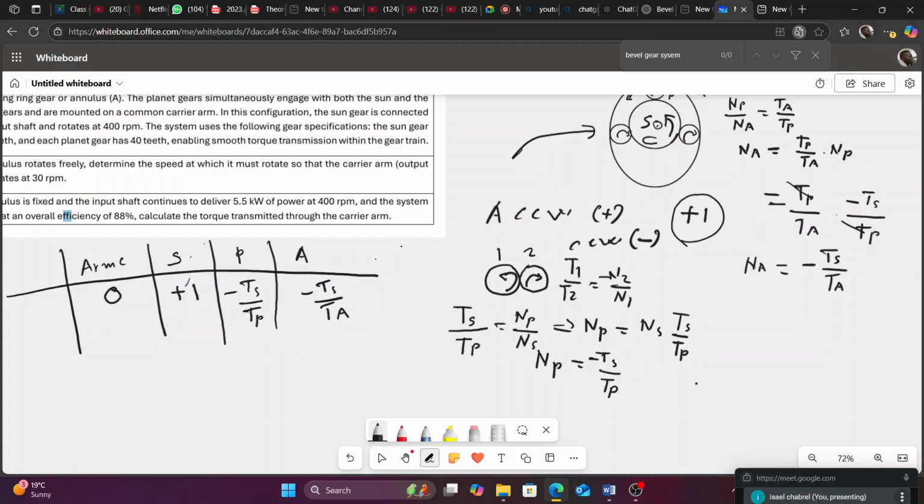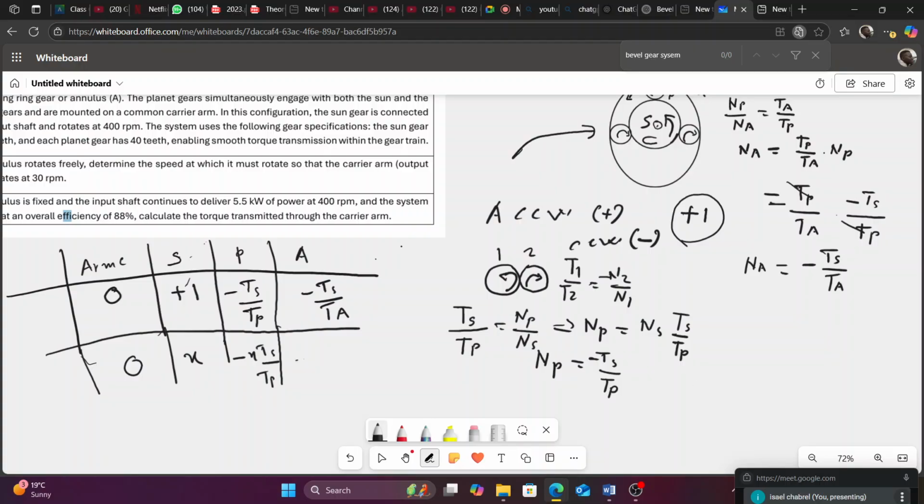Okay, let's get back to the table, guys. When we are here on the table, it's looking skew. What is the next step? We multiply everything by x revolution. If you multiply by x revolution, x times 0 gives you 0. X times 1 gives you x. X times this gives you minus x TS over TP.